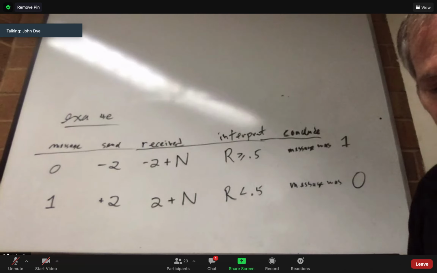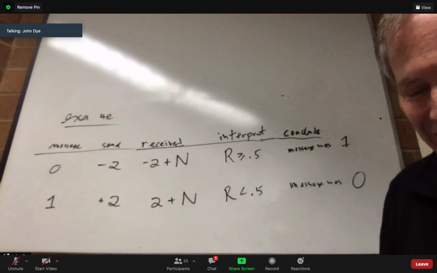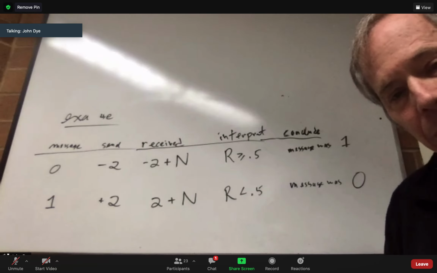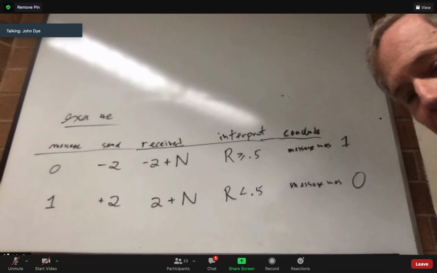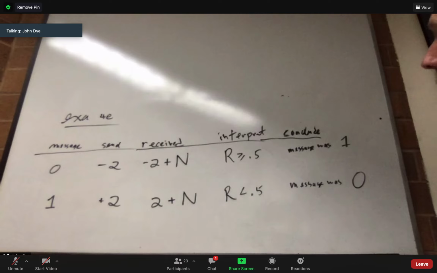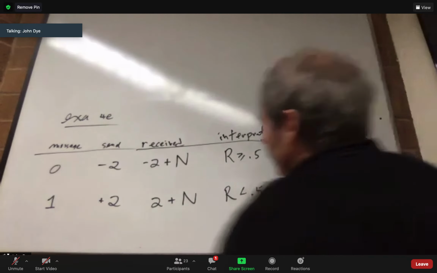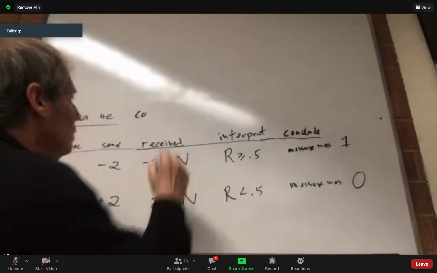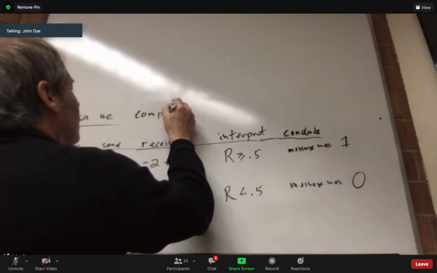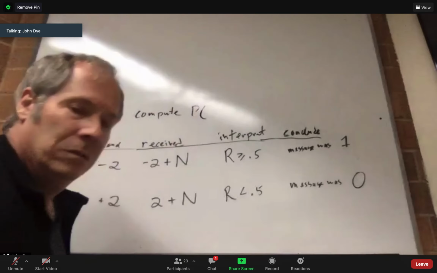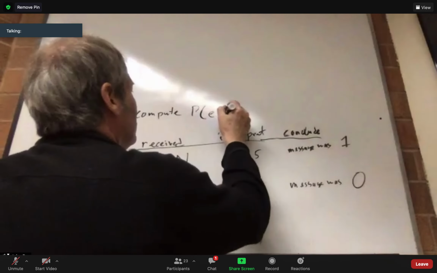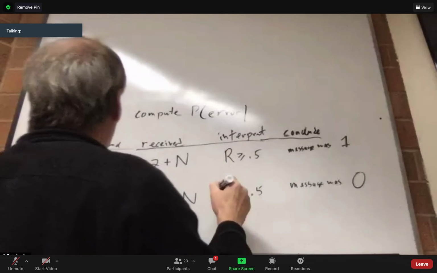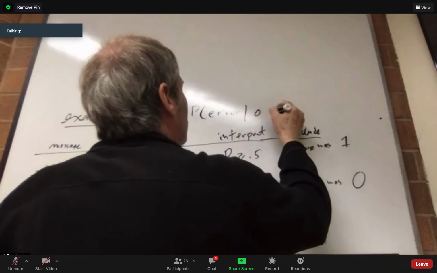So what do we have to compute here? I forgot what the problem was. What's the probability of an error, given that the original message was, there's 2 possibilities there. You want to compute the probability of error given that a 0 was sent.